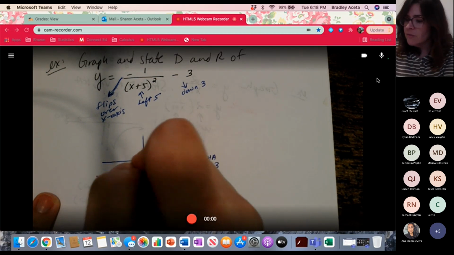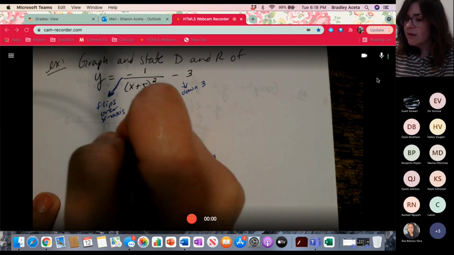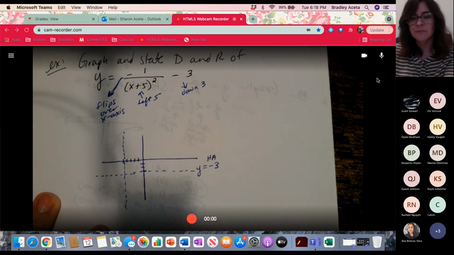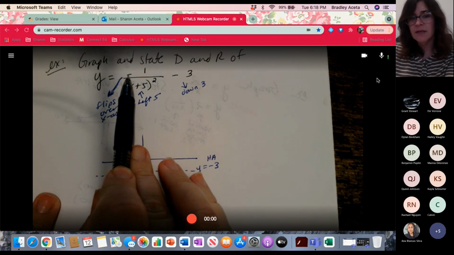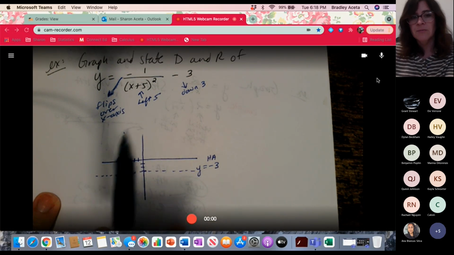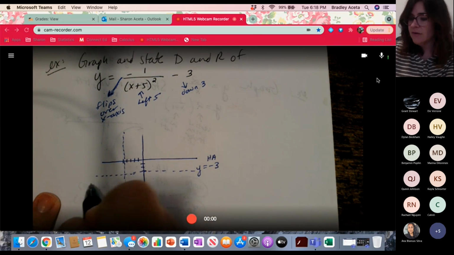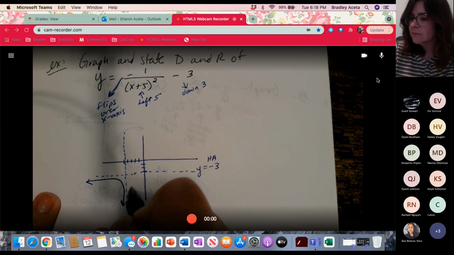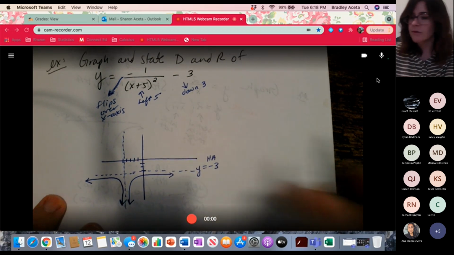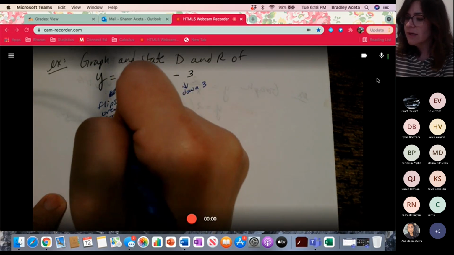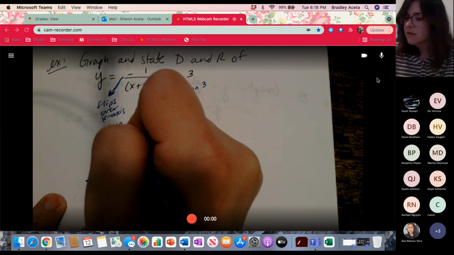And your left 5, 1, 2, 3, 4, 5. Now, if it wasn't negative, I would make my volcano shape here and here. But because it's negative, I've now flipped it upside down to look like that. Oh, and by the way, let's write this line. Vertical asymptote at x equals -5.